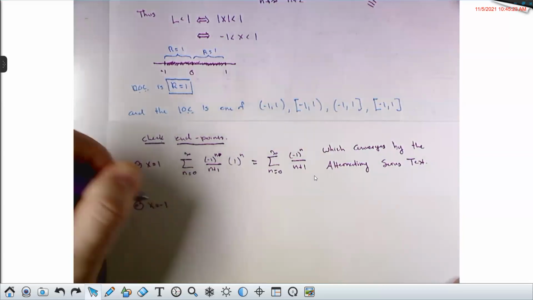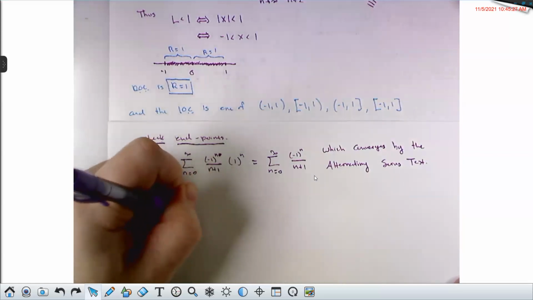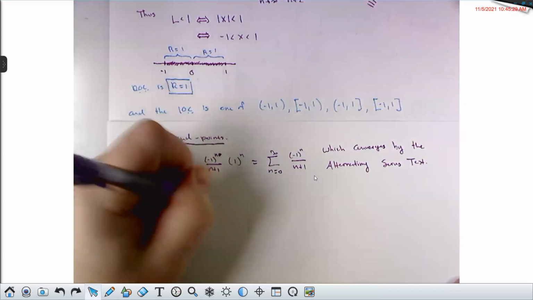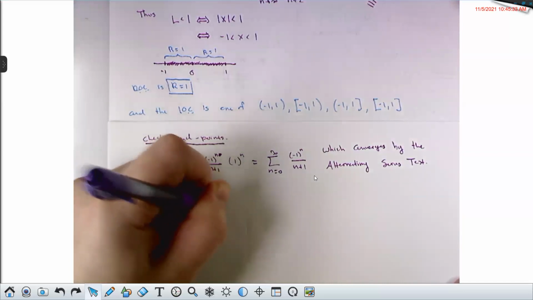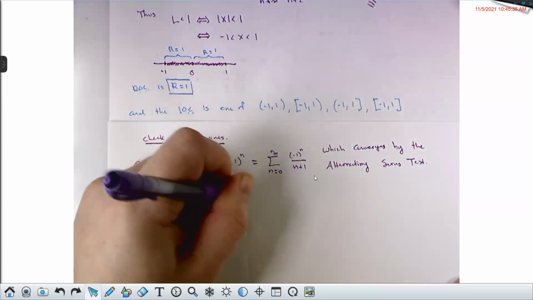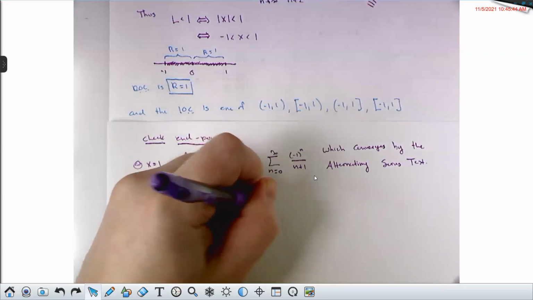At x equals -1, my series is sigma n from 0 to infinity, -1 to the n divided by n plus 1 times -1 to the n. And this is slightly different than the previous series.